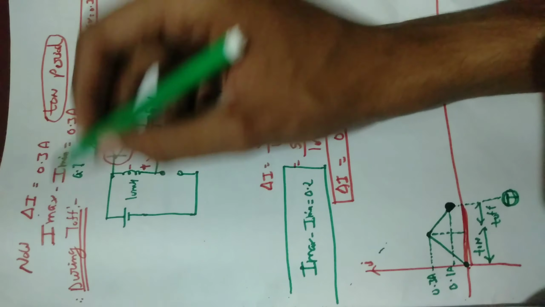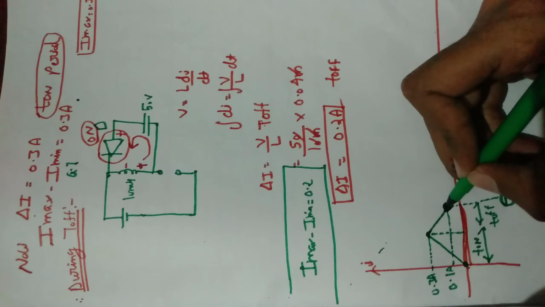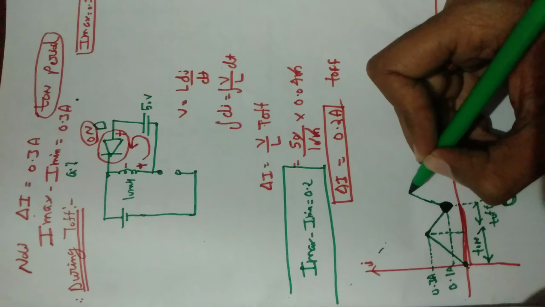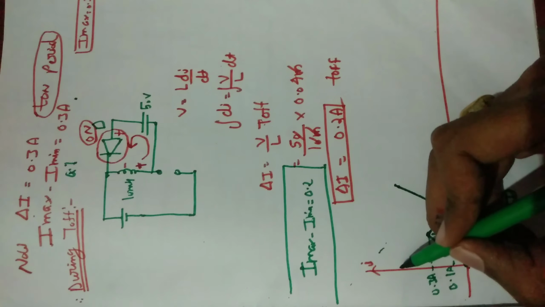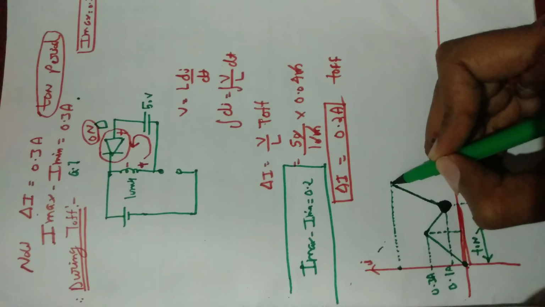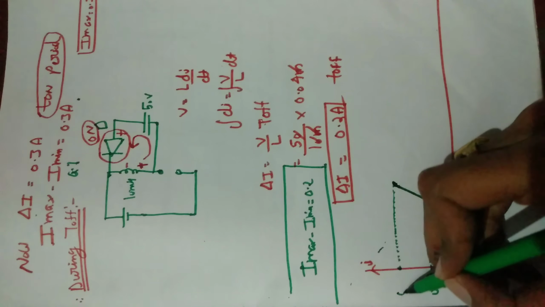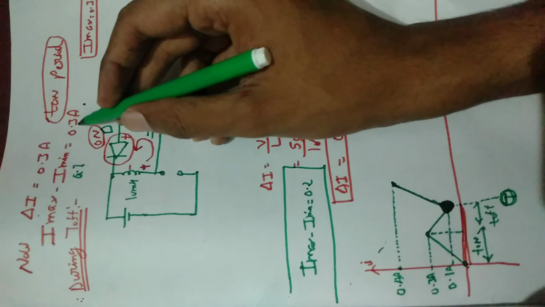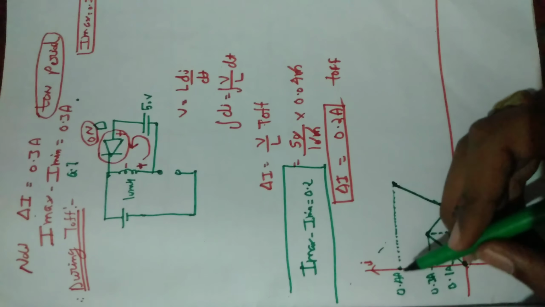So the maximum value will be 0.4, meaning it goes to somewhere here. This value is 0.4 because 0.3 ampere plus 0.1 equals 0.4 ampere.